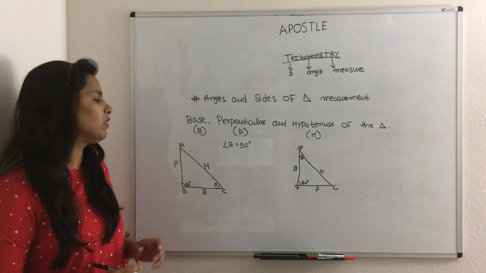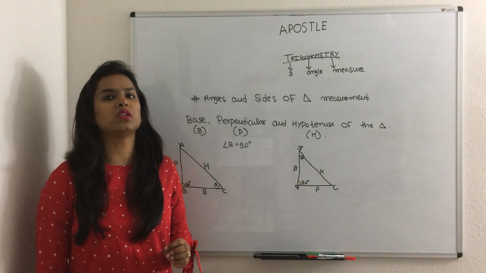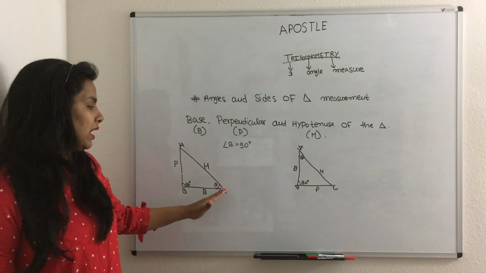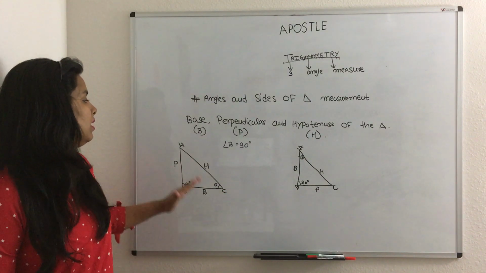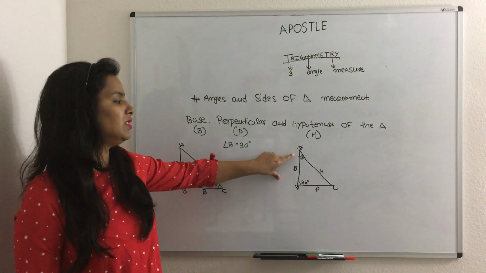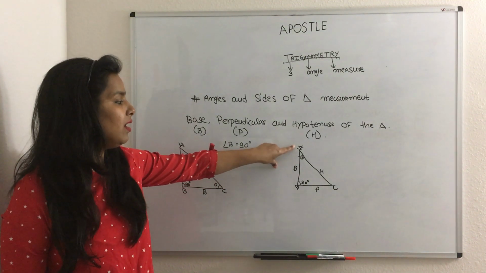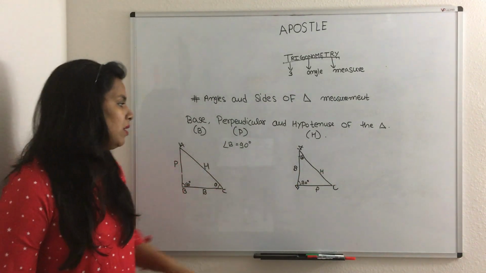If we are dealing with any question of trigonometry, then we have to firstly focus on the angle. If it is given that you have to consider angle C as theta, then our base is BC and perpendicular is AB. Or if in the question it is given that you have to consider the angle at the position of A, then our base is AB and BC is our perpendicular.